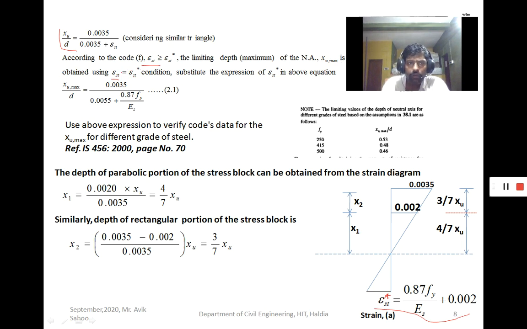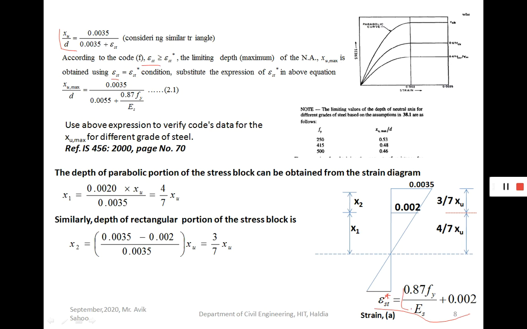The epsilon st value should be more than this value, so we use the limiting condition, which means the strain of steel just reaches the limiting strain. So substitute the expression for epsilon st star in the above equation.